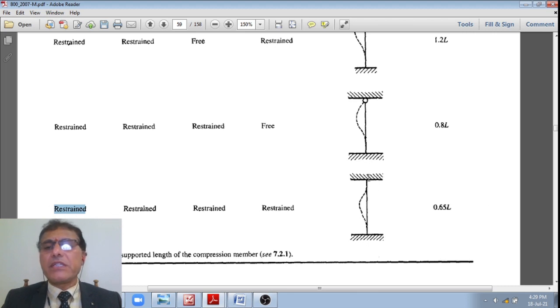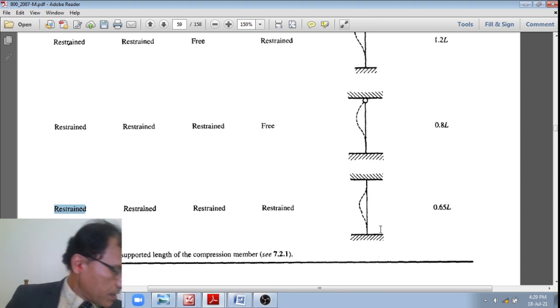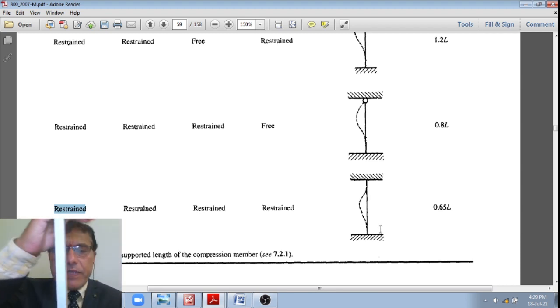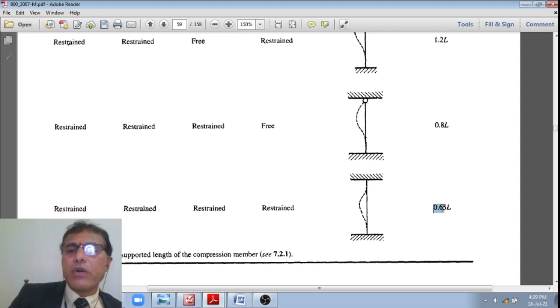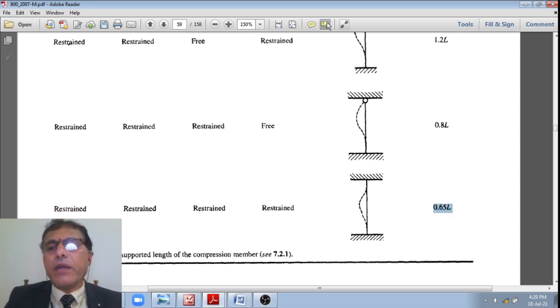This means it is fixed at both the ends. Hence, the effective length factor from this codal specification is equal to 0.65.